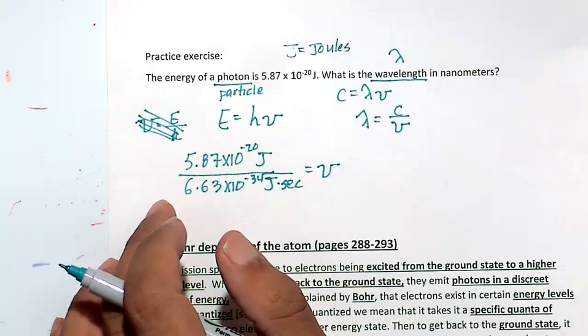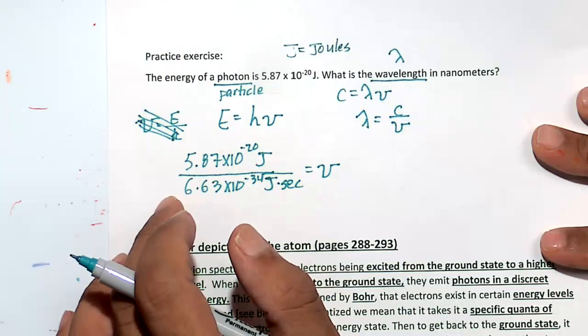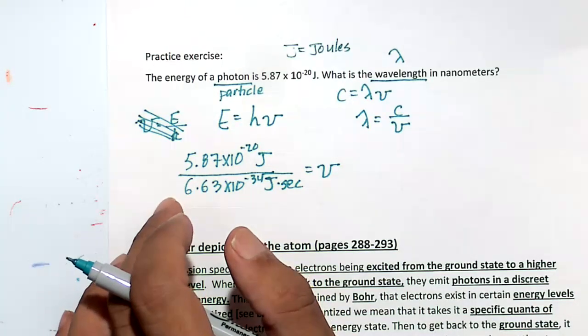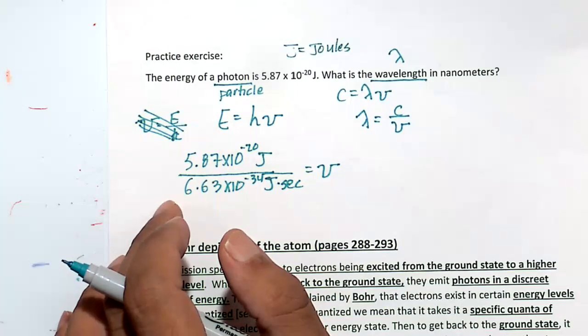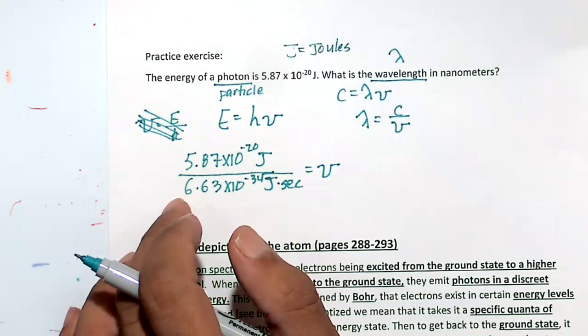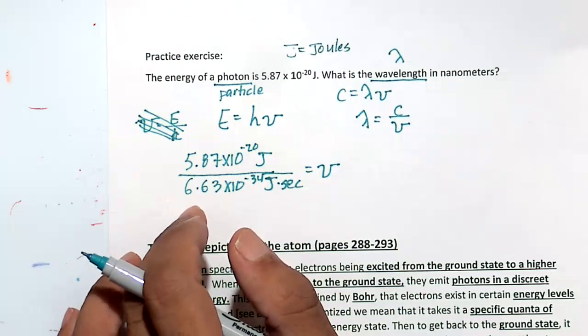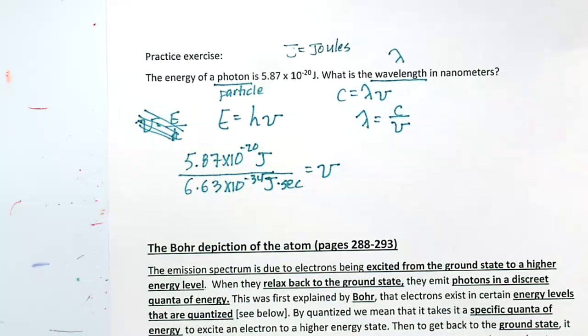5.87 times 10 to the minus 20, divided by 6.63 times 10 to the minus 34.